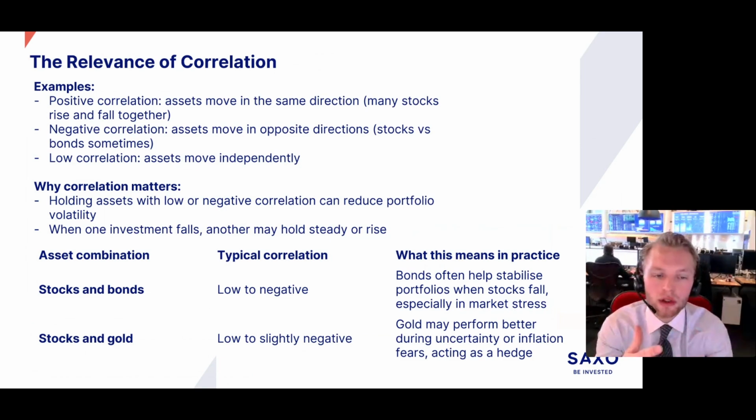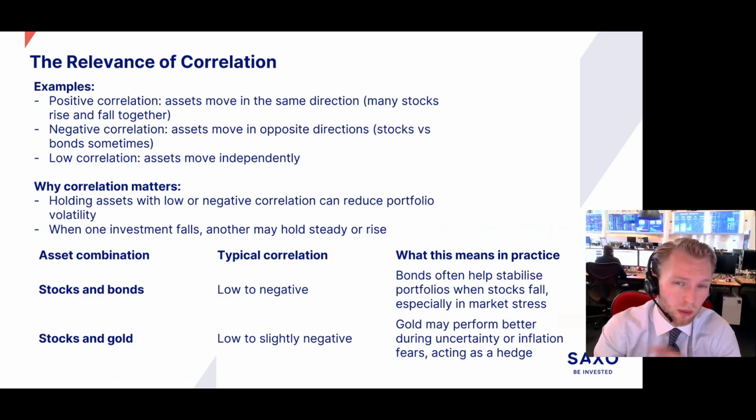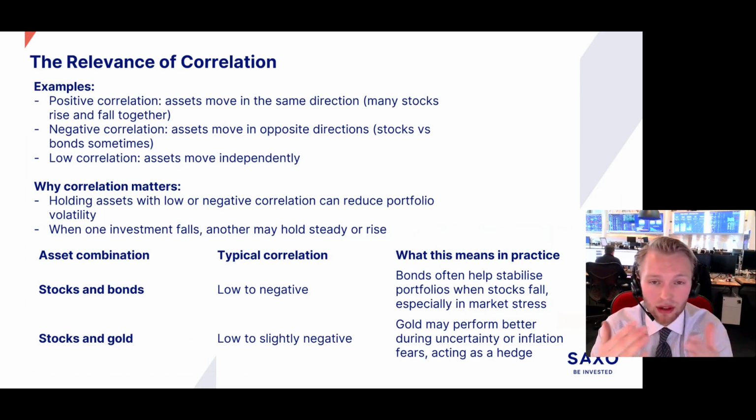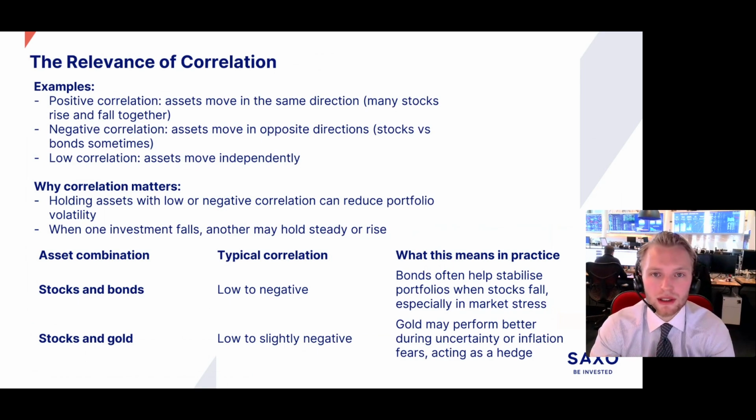And also the other way around, if you have negative correlations, you will have assets that move in opposite directions, which you can also see in the small table below. What we have seen for many years is that stocks and bonds have a low to even negative correlation, meaning if stocks experience a downturn, then bonds can stabilize because they're not as exposed to these very volatile, large movements.